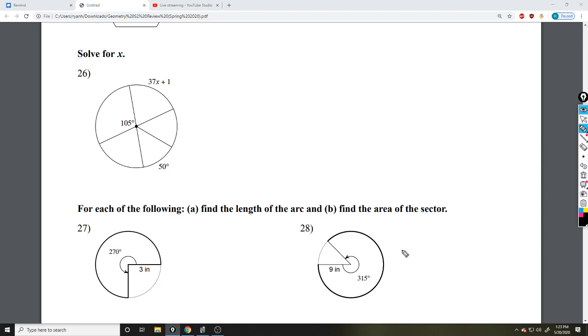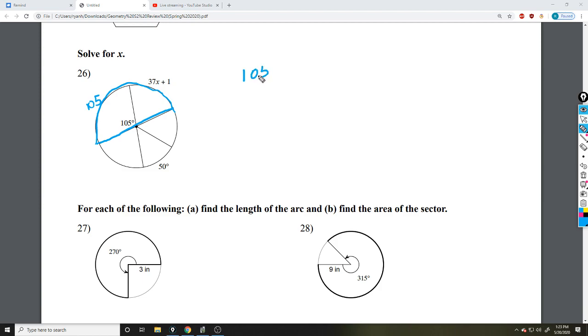Okay, we actually want to find a diameter where we know everything. The diameter that's going to help us here is here, because we actually have every piece of information. This is 105. And then here's the 37x plus 1 that we're trying to solve for.